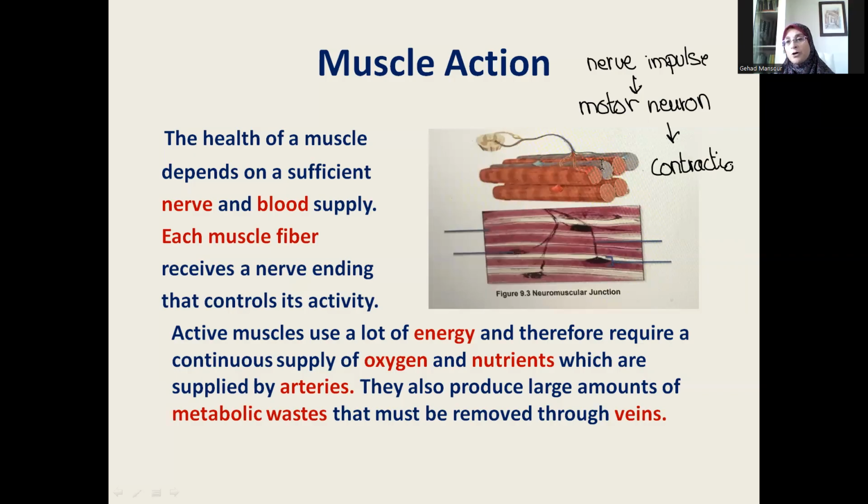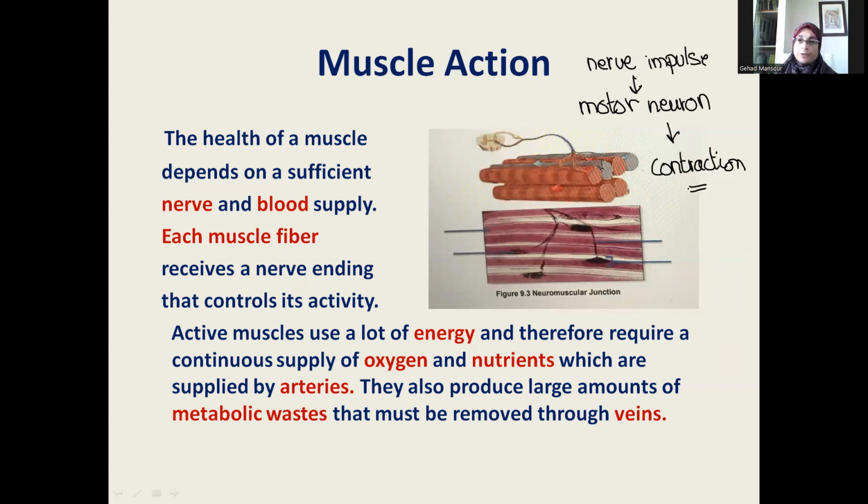But of course, there are certain conditions for the muscle to respond to a nerve impulse that we will be discussing later on. So, whenever a muscle receives sufficient nerve impulses or adequate nerve impulses, it will contract.